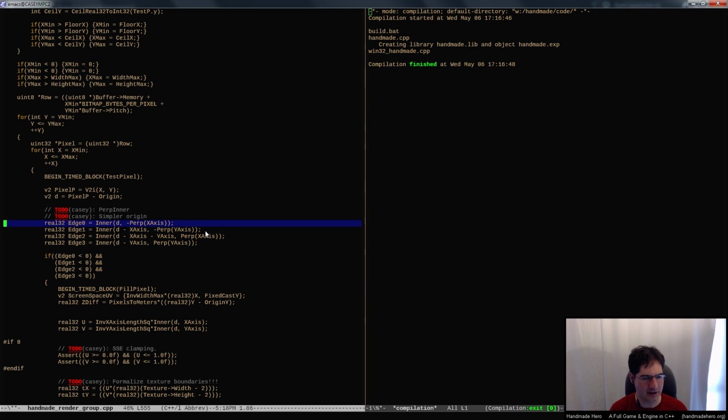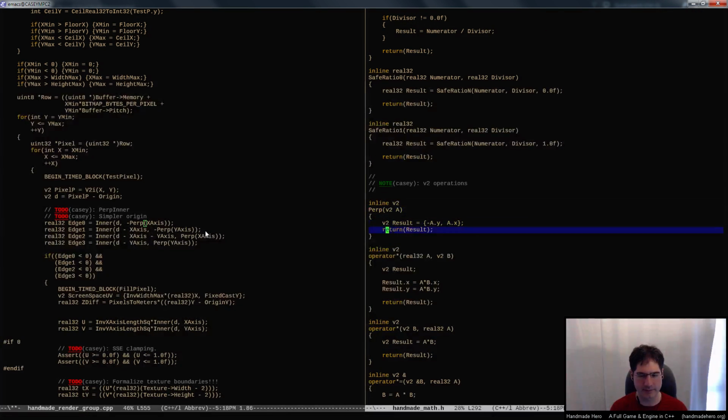So I want to take a look at this edge testing code and maybe make it a little bit more explicit, right? If we take a look here, we've got the inner product of D with negative perp x-axis, and we know exactly what perp does. If we go in here to math.h, here is perp.